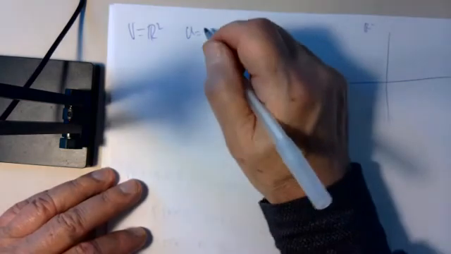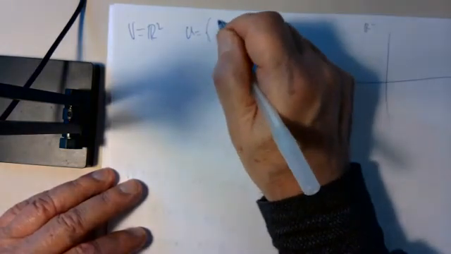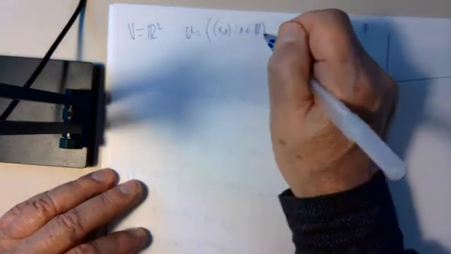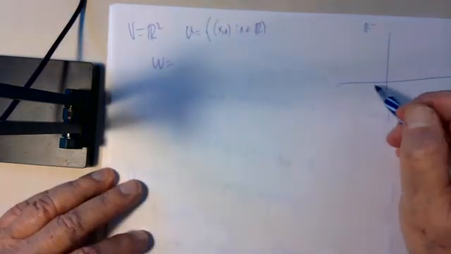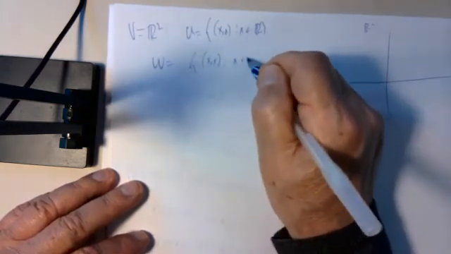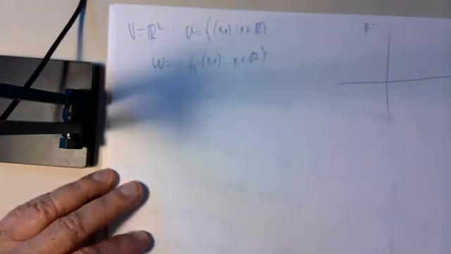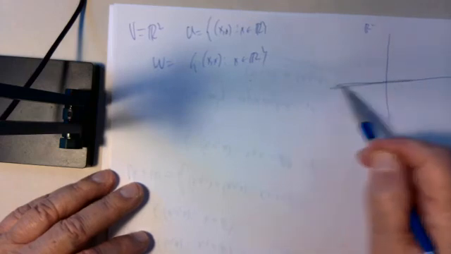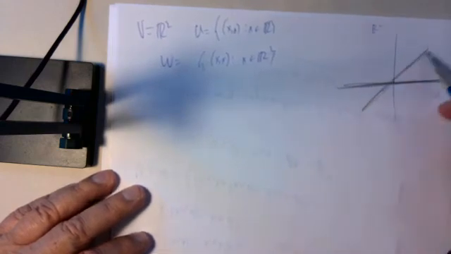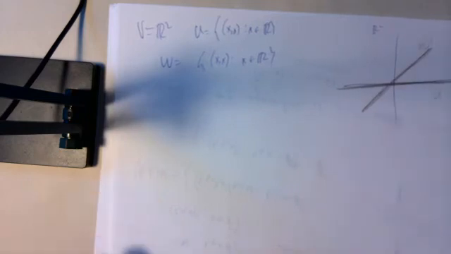And I let U, for example, be the x-axis, everything in the form x, 0, x in R. And I let W be, let's say, the line y equals x. So what I have here is, this is U, and this is W.